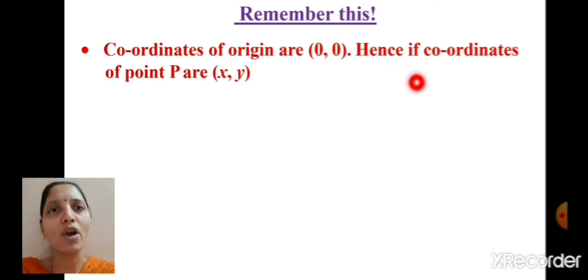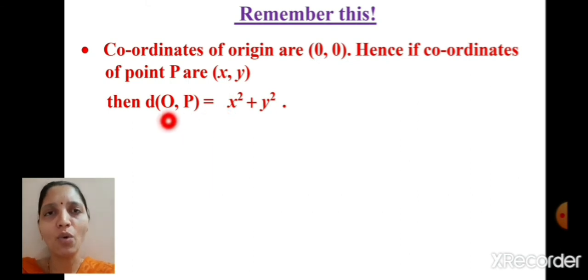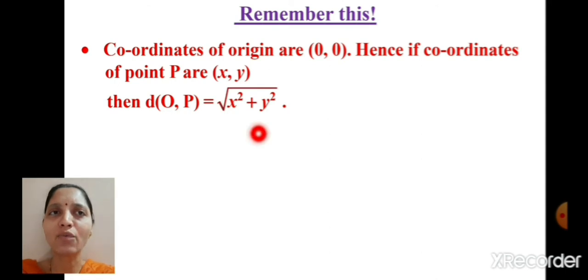Hence, if the coordinates of point P are x, y, then the distance between O and P is equal to square root of x square plus y square. So if you want to find the distance of any point from the origin, you can use this formula, square root of x square plus y square.